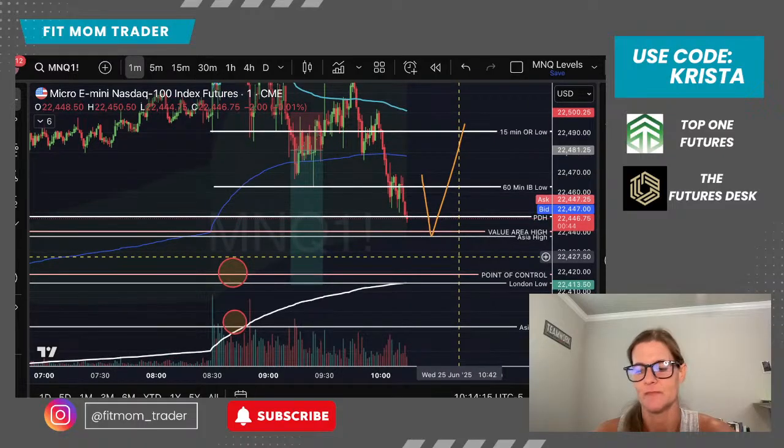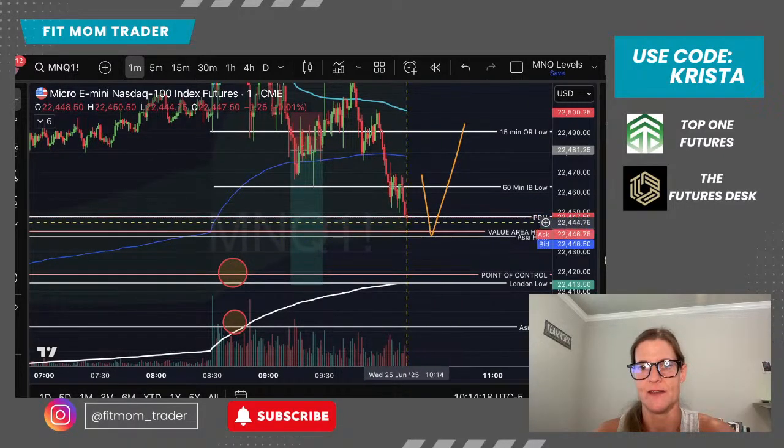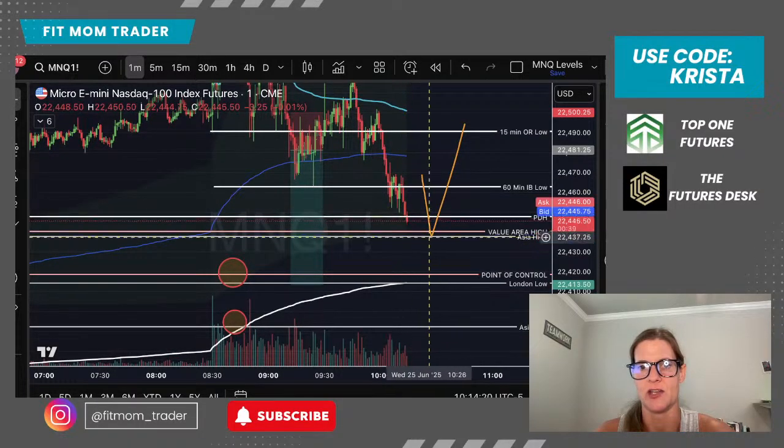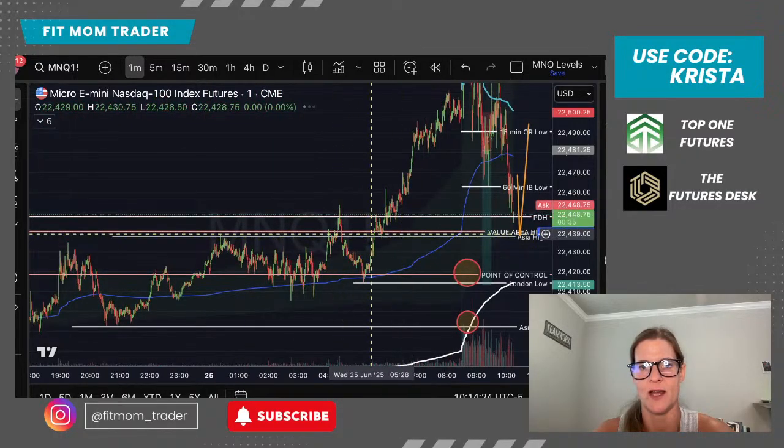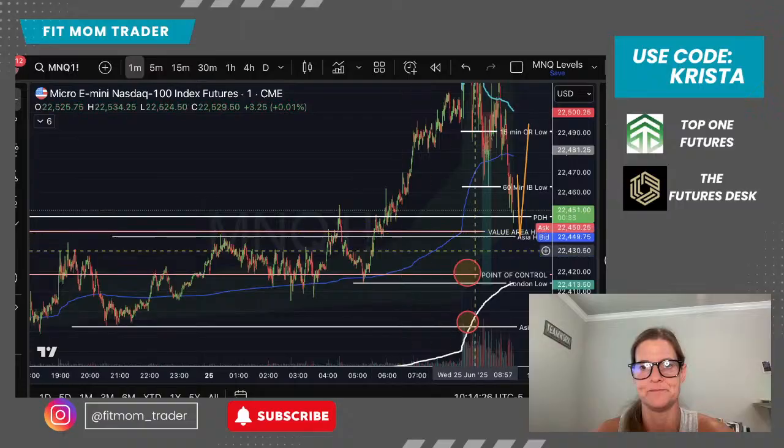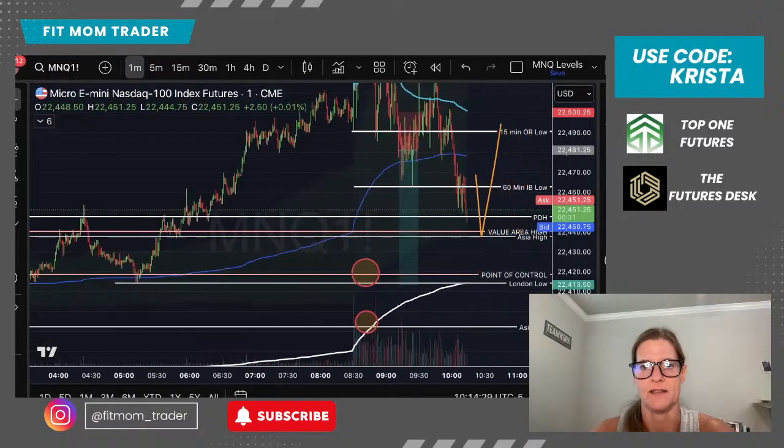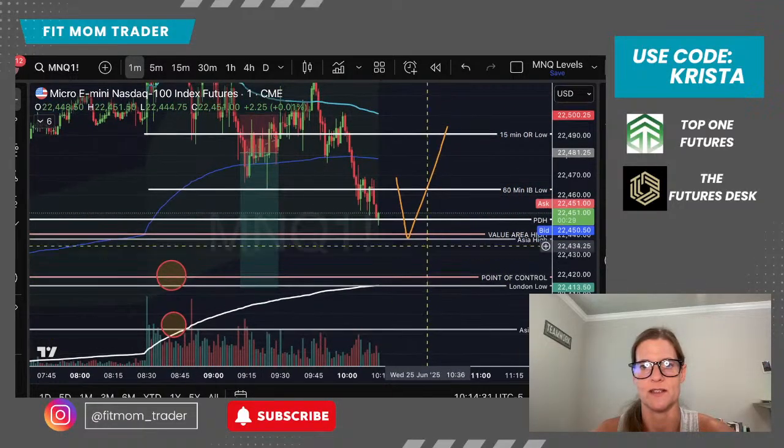So I'm going to see how it reacts at this value area high, Asia high level, because that's kind of where the wicks and liquidity grab area could be. And then see if we start to buy back up to initial balance low.